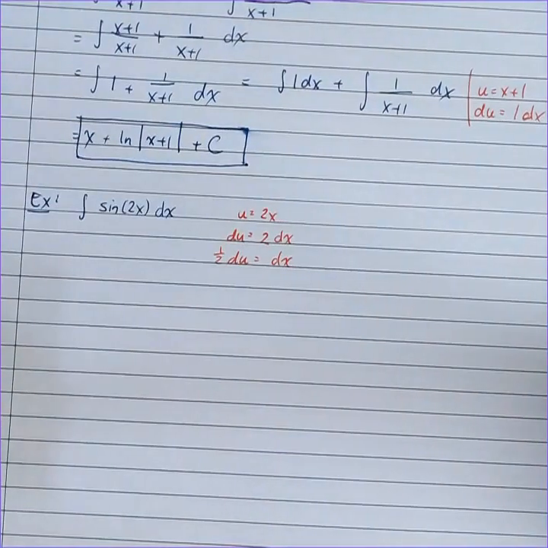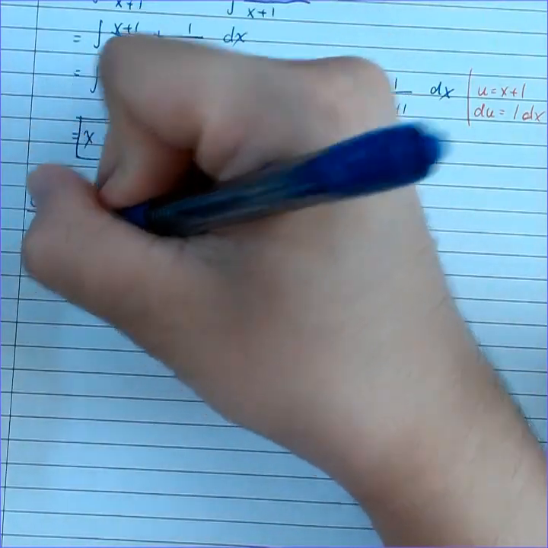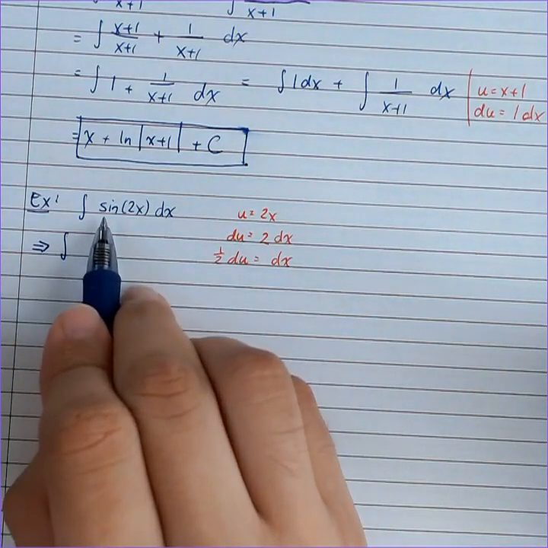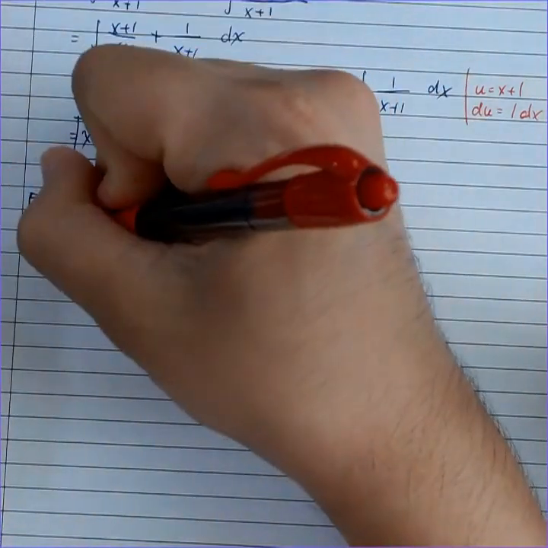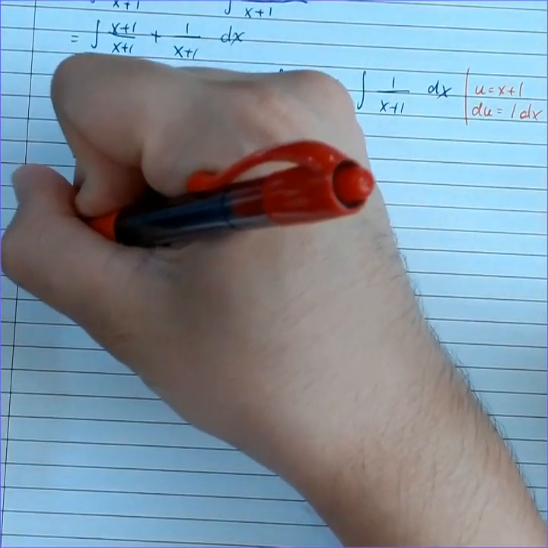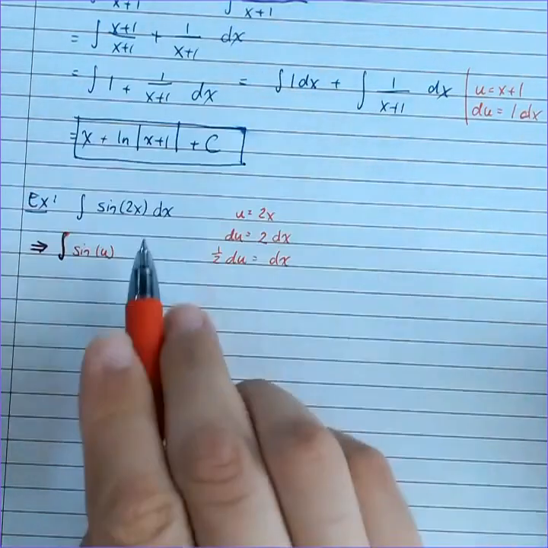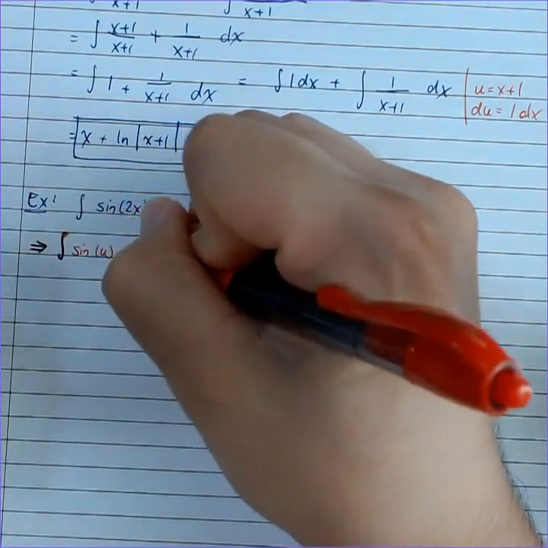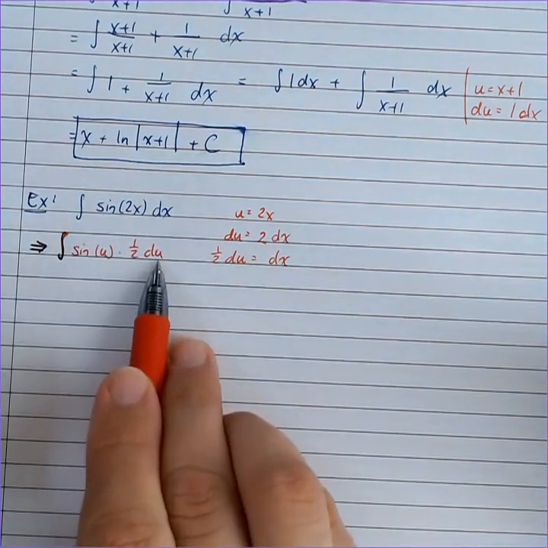So now, this is going to equal the sine of u, and then your dx is 1/2 du. So that's sine of u 1/2 du.